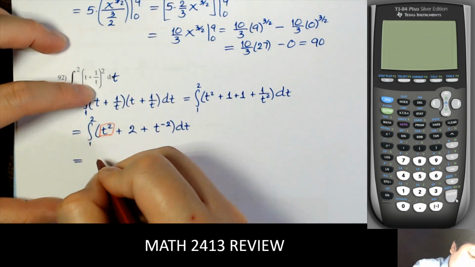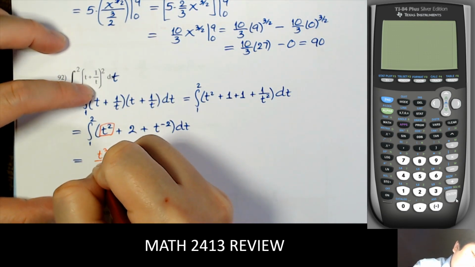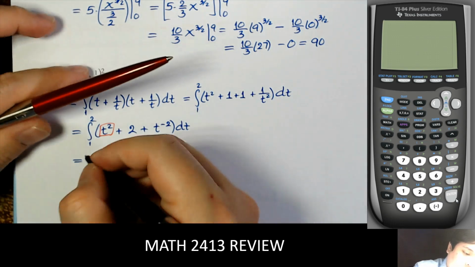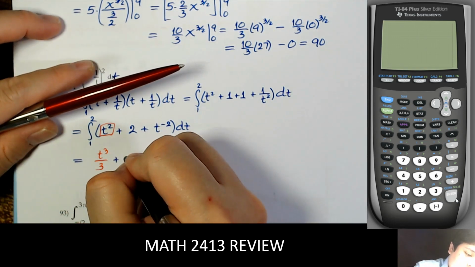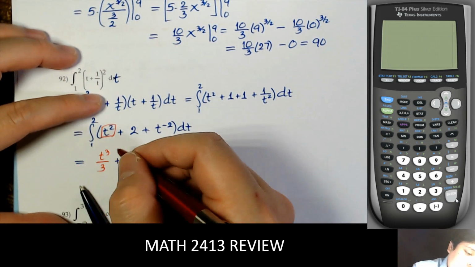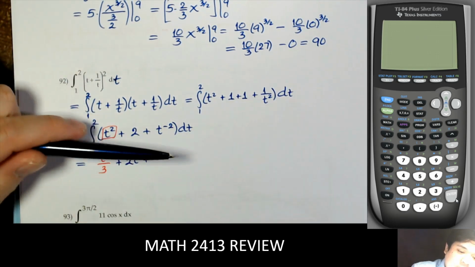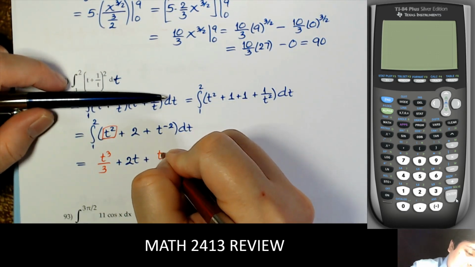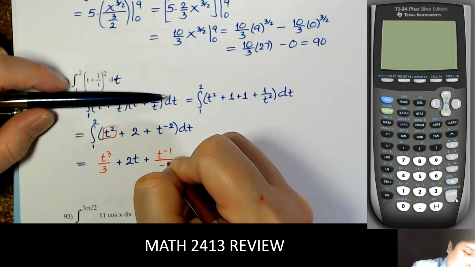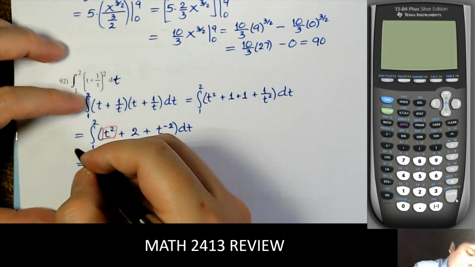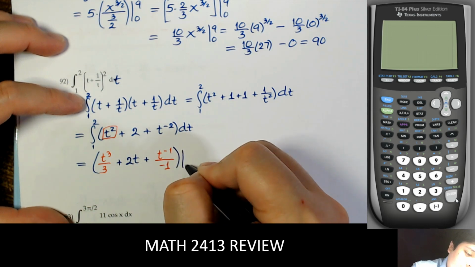The integral of t squared is t cubed over 3. The integral of a constant is just t. And the integral of t to negative 2 is t to negative 1 over negative 1. We go from 1 to 2.